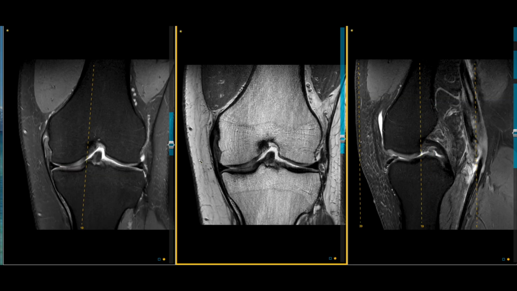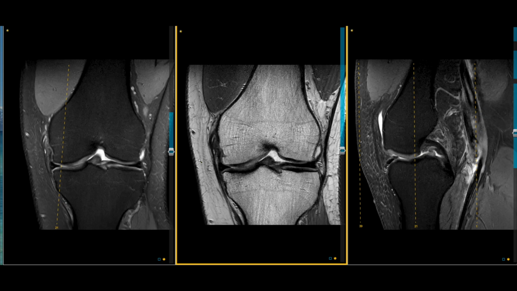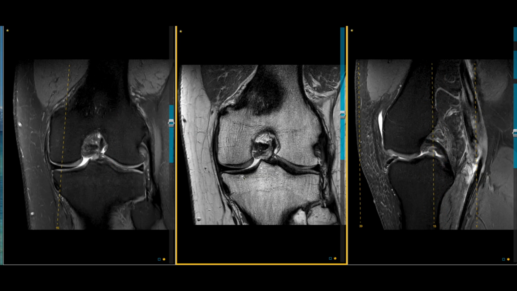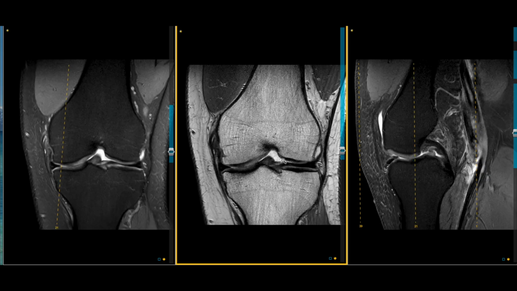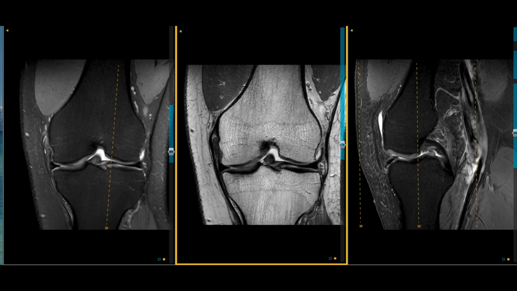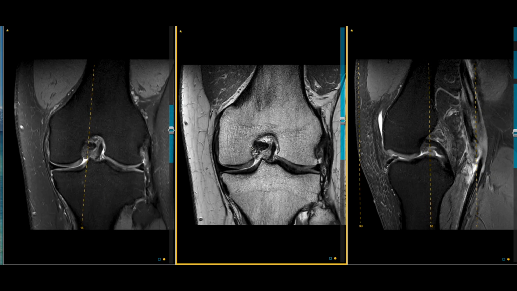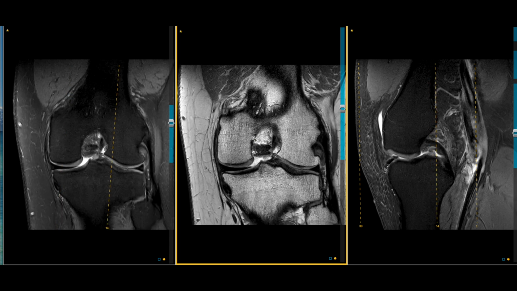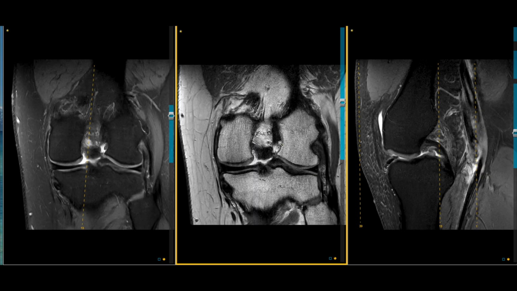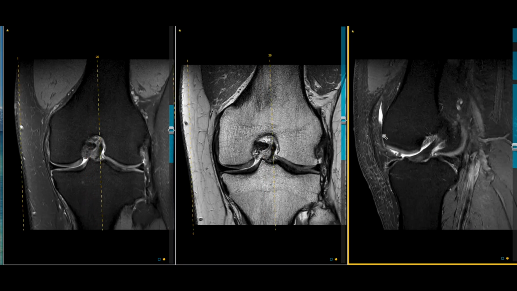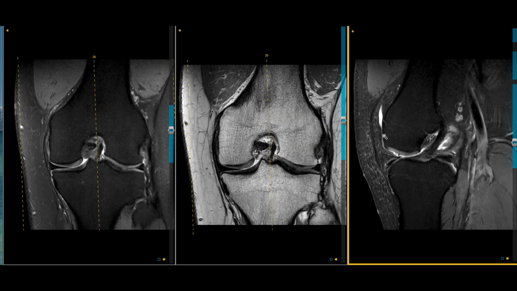So in this case, as we scroll from the tibial sided attachment through to the femoral attachment of the ACL, you'll notice that as I'm scrolling here, this is the native thickness of the ACL, and as we get to what was the initial rupture zone, there is a thinning of the ACL, and then the ACL does start to become more towards its normal thickness, closer to the femoral attachment. The terminology one could use for this is an hourglass appearing ACL heal.